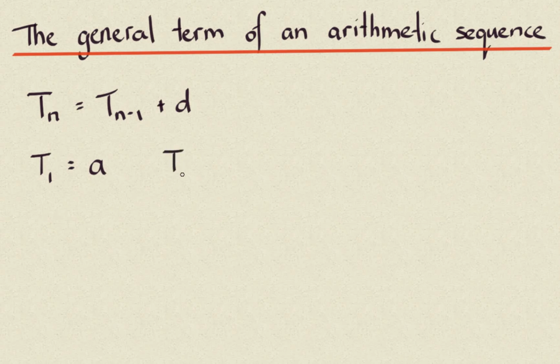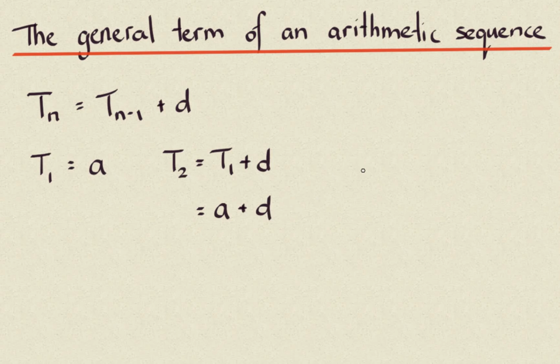So term 2. Well, term 2 is just the previous term, term 1, plus the common difference, D. But we have just said that specifically term 1 is now called A. So we have A plus D.